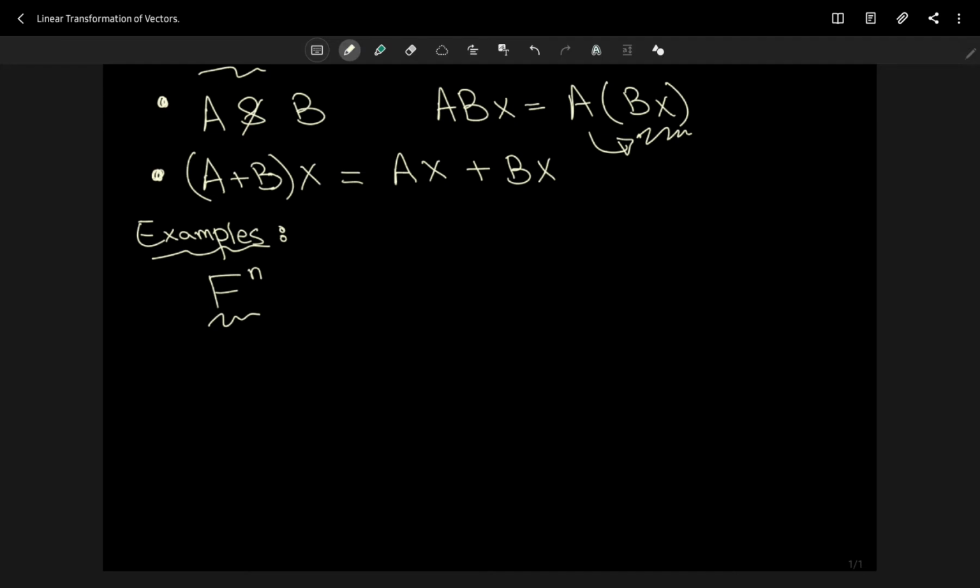Well, then the matrix multiplication M with square matrices that are n cross n works, right?